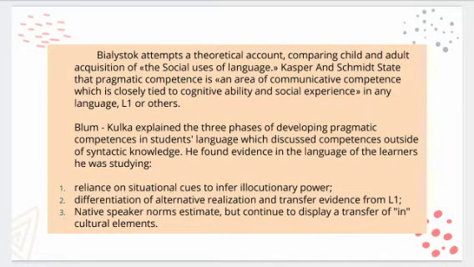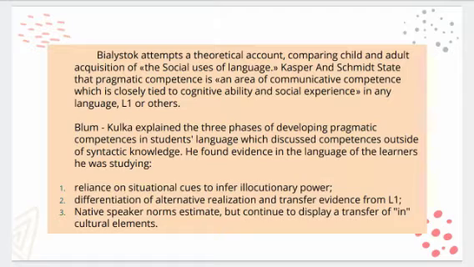Kasper attempts a theoretical account comparing children's and adults' acquisition of the social use of language. Kasper and Smith state that pragmatic competence is an area of communicative competence which is closely tied to cognitive ability and social experience in any language, alone or with others.